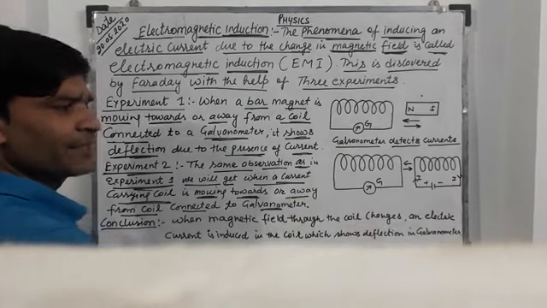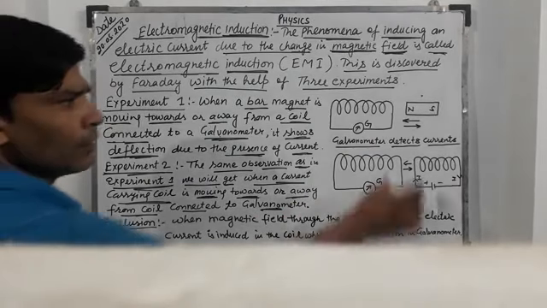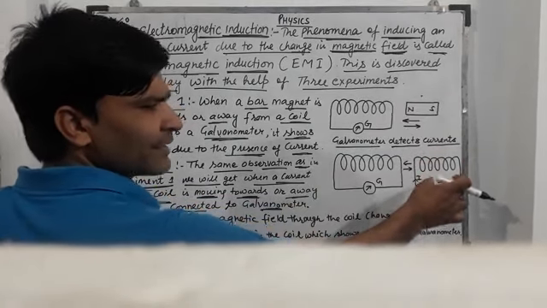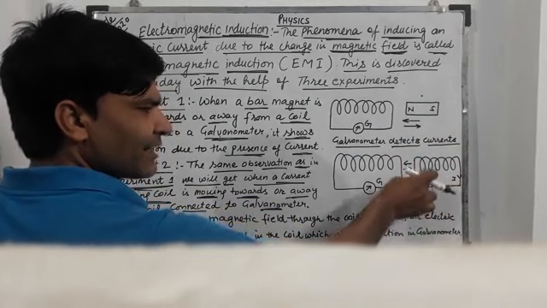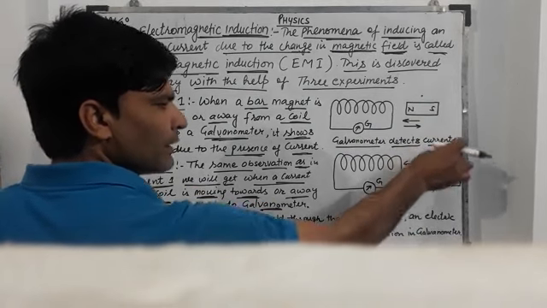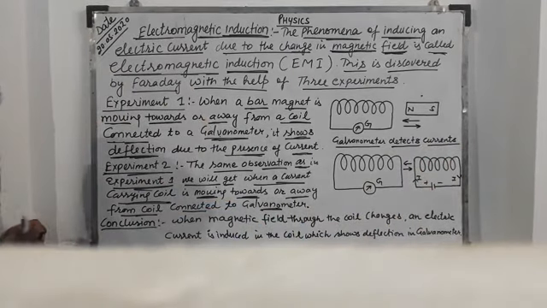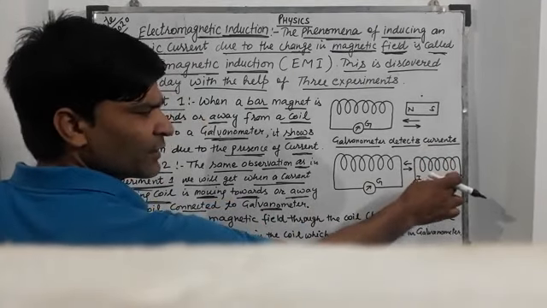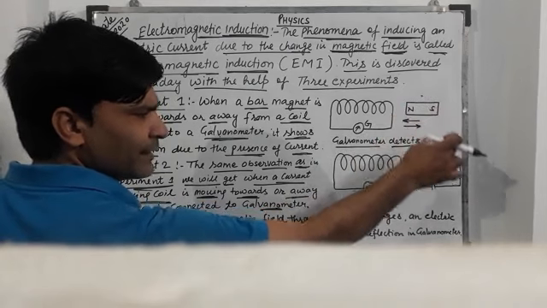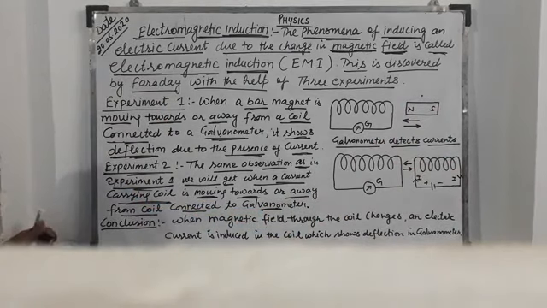In this experiment, the bar magnet is replaced by a current carrying coil or solenoid, because the magnetic field of a bar magnet and a solenoid is similar.